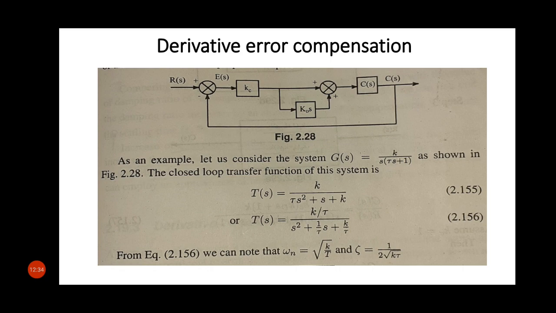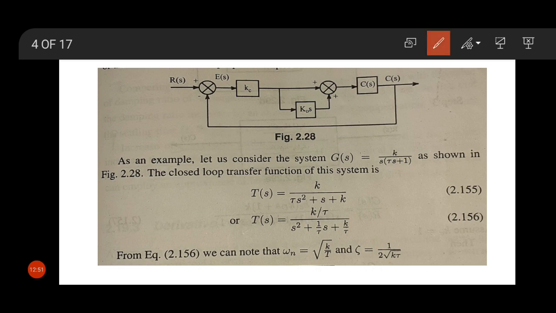So let us consider for this system G(s) equal to K divided by s(tau s plus 1). This is G(s).